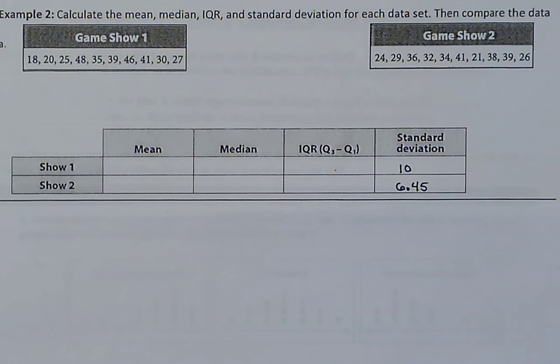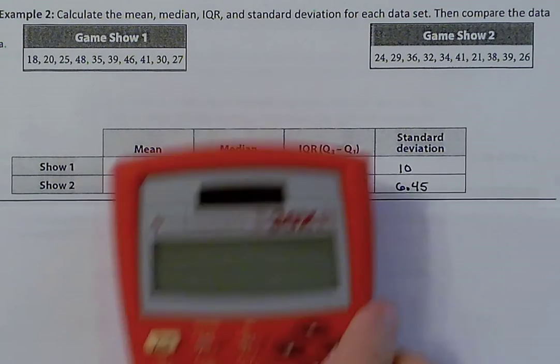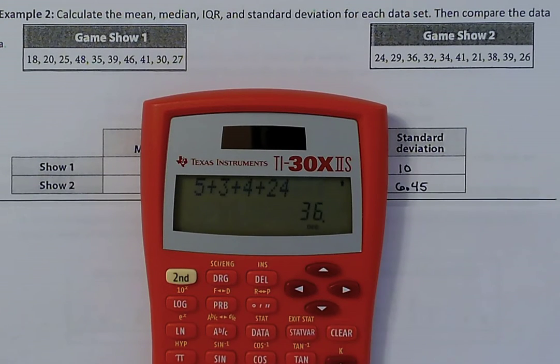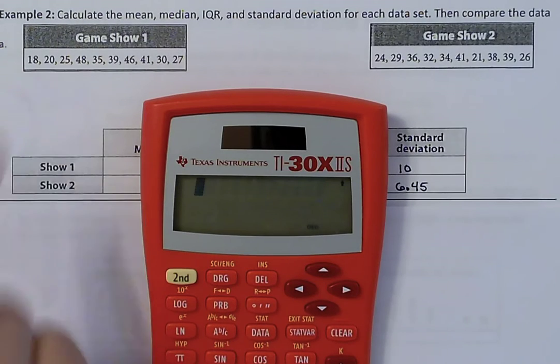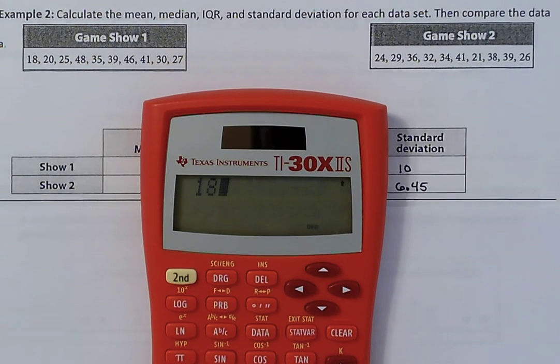To figure out the mean, we're going to add all the numbers up and divide by how many there are. So let's go ahead and figure out the mean for both of these data sets. We look at game show 1, we're going to do 18 plus 20 plus 25 plus 48 plus 35 plus 39 plus 46 plus 41 plus 30 plus 27.